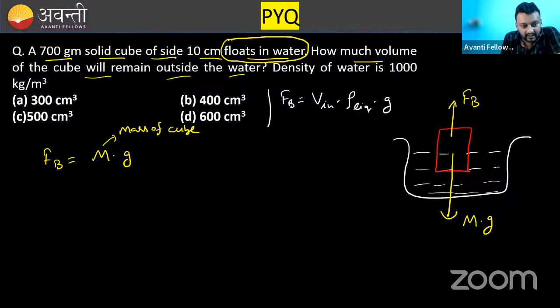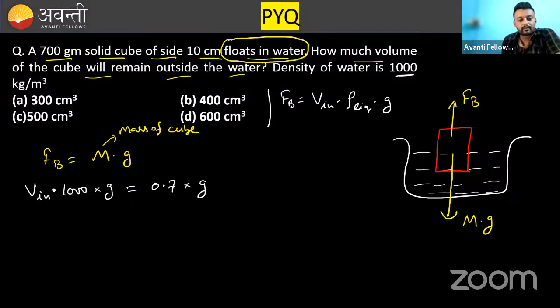So volume inside into density of liquid, which is given as 1000, into G is equal to mass, which is 700 gram. 700 gram means 0.7 kg. Can I place it? Into G.